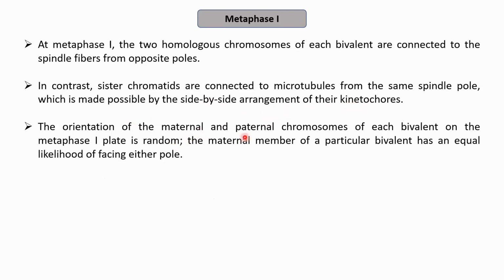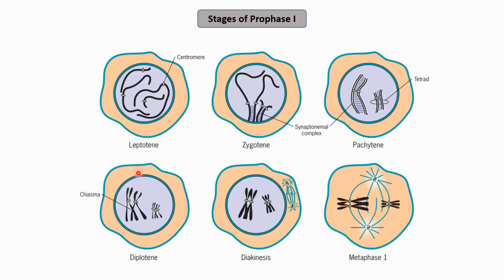The orientation of the maternal and paternal chromosomes of each bivalent on the metaphase 1 plate is random. The maternal member of a particular bivalent has an equal likelihood of facing either pole. So it is not always the case that the maternal chromosome will move towards one pole and the paternal chromosome towards the other.